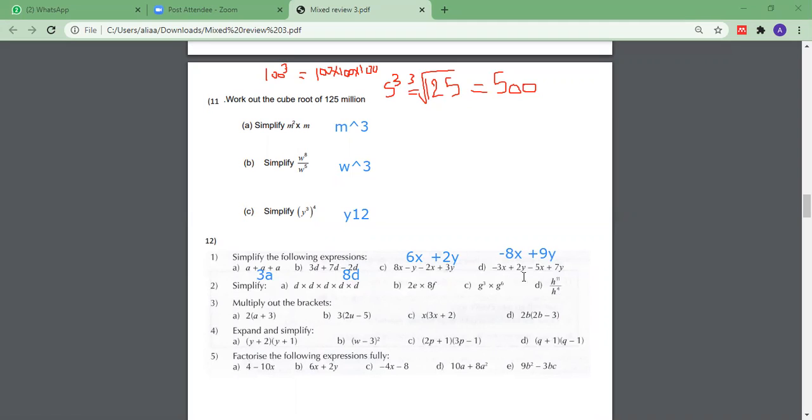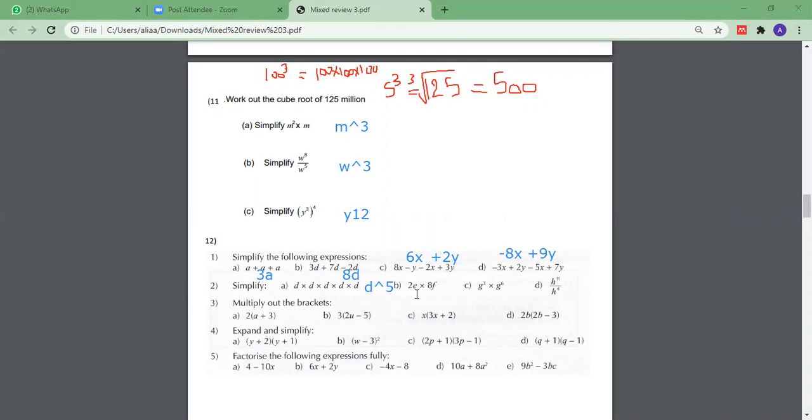Don't forget the signs. Multiplying d times d times d times d times d will be d power of 5.